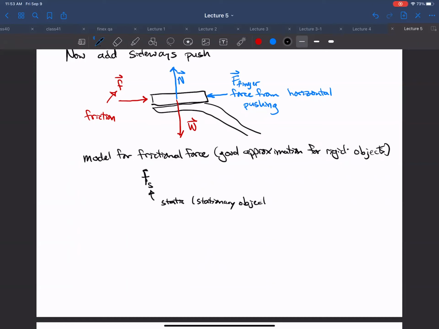So F sub s is less than or equal to some maximum value. And the maximum value is mu sub s times the normal force. So mu sub s is called the coefficient of static friction.